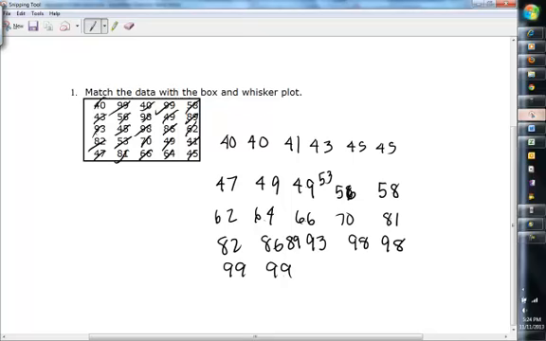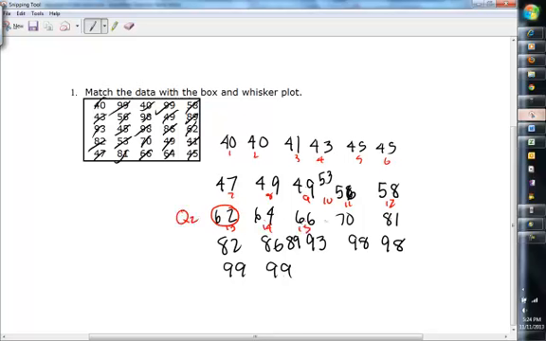Okay. Then we want to get our data. Since there's 25 numbers, the 13th number will be Q2, counting 1 through 12, and the 13th number is Q2.